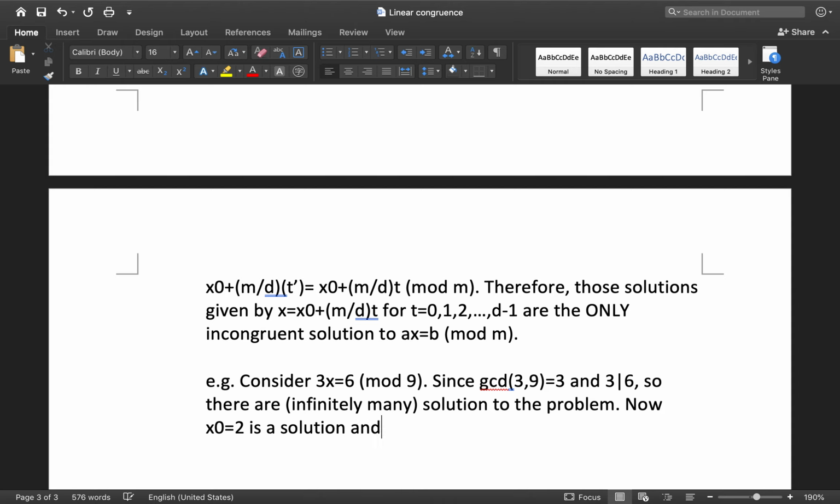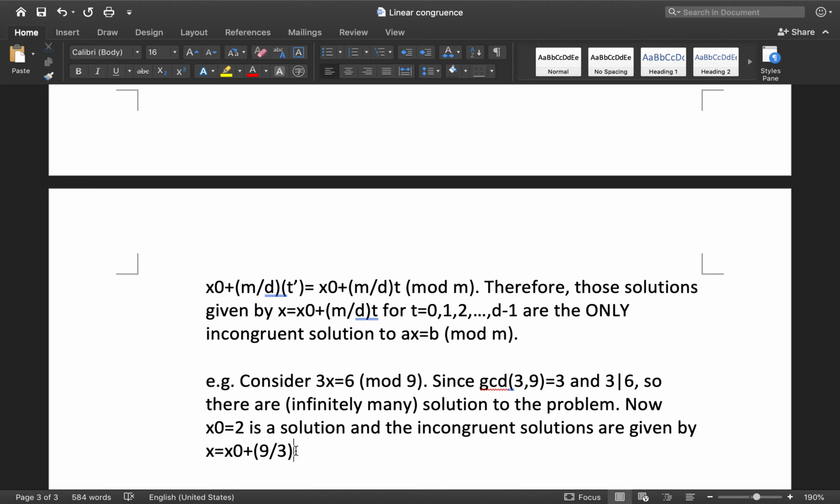The incongruent solutions are given by x equal to x0 plus, now you know why we have 9 over 3, because 9 is the number inside the modular congruence, and then you divide that by the GCD.